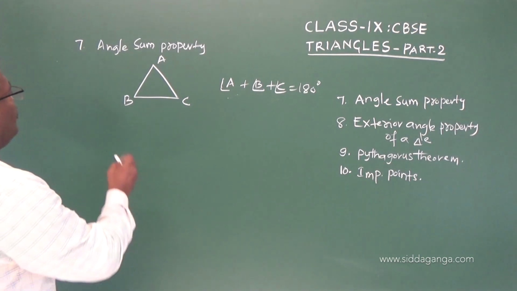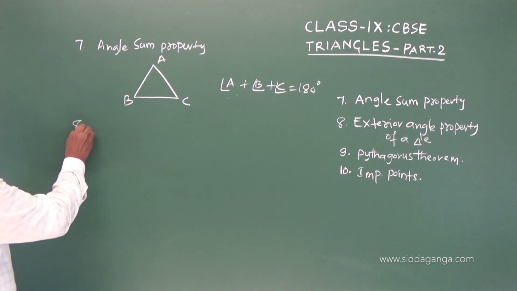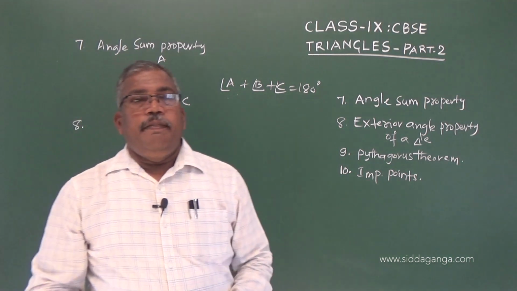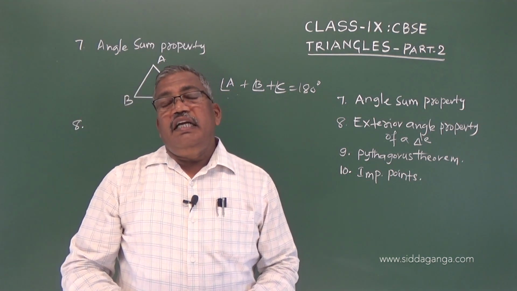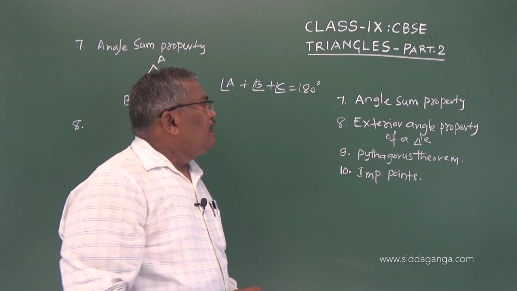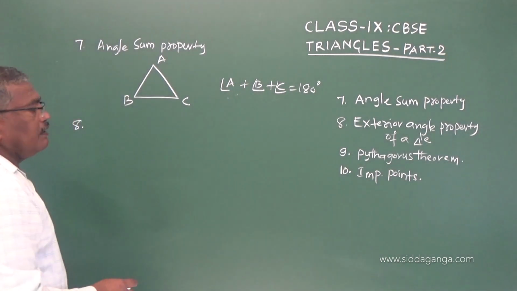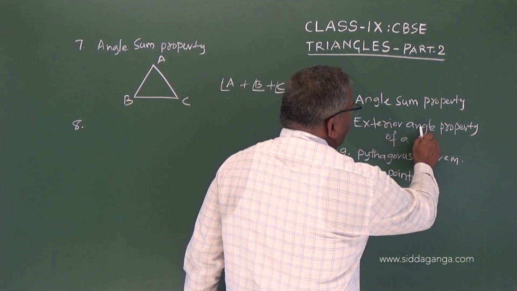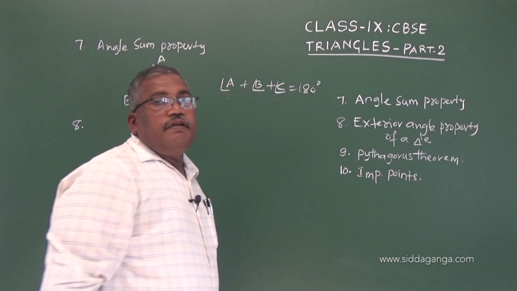Now the next one is exterior angle property of a triangle. Under the lines and angles chapter also we have discussed this at length. Anyway, I will tell you once again. Exterior angle property of a triangle.